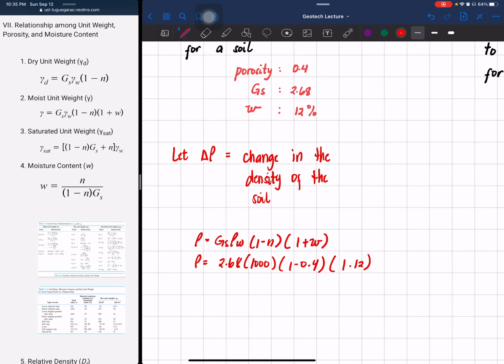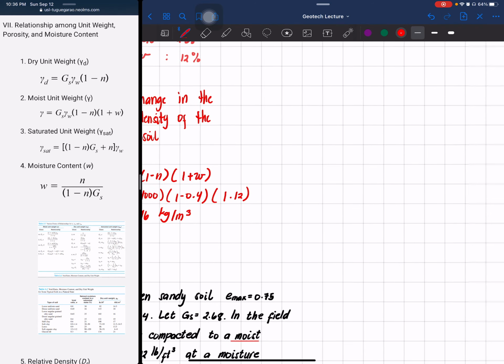Diniretso ko na guys kasi 1 plus 0.12 yan. So let me just calculate this one. 1 minus 0.4 multiplied by 1.12. So this is now equal to 1,800.96 kilograms per cubic meter. Okay, and this pertains to your moist density.